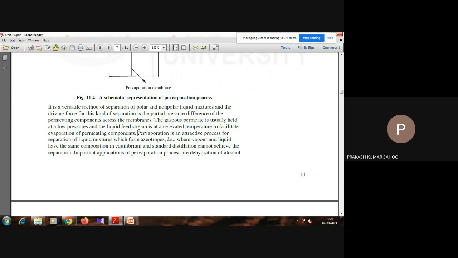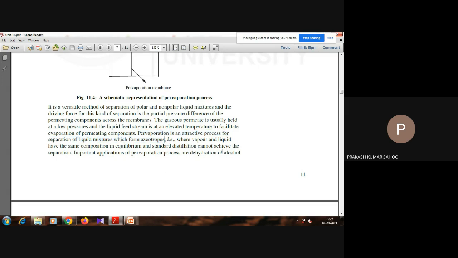Here it is written that this is where vapor and liquid have the same composition in equilibrium, and standard distillation cannot achieve the separation. So in pervaporation, there is separation of the liquid mixture of azeotropes with the same boiling point.